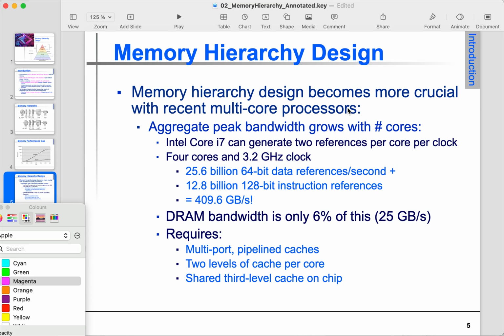Memory hierarchy design becomes more crucial with recent multi-core processors.